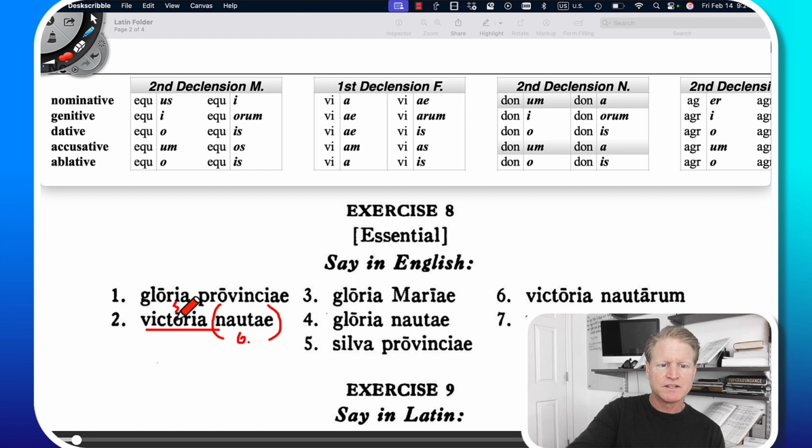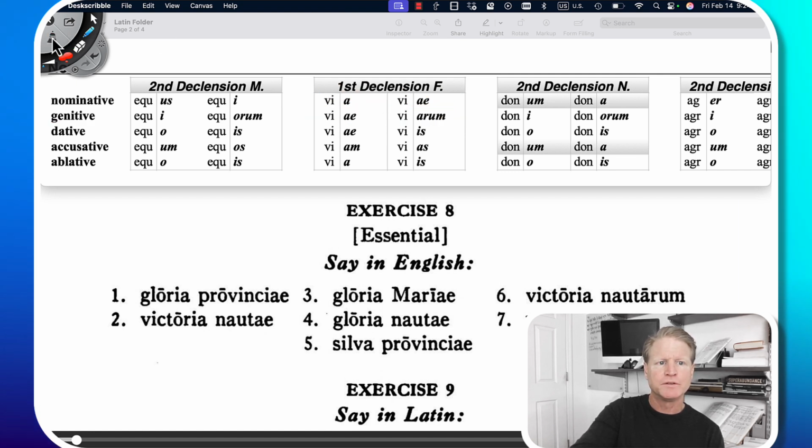So subject of the sentence, nominative case, the victory, Victoria nautae, of the sailor. So if we have nautae here and we have nautae here, that would be of the sailor. Victoria nautae. Right? It's in the genitive case. Genitive case right here, we're focusing on these guys right here.